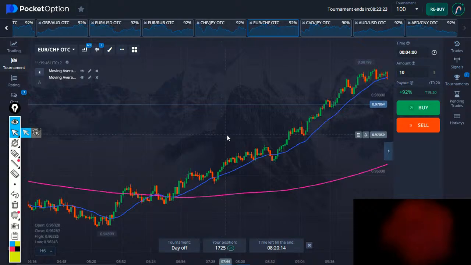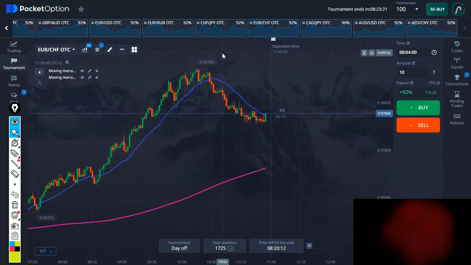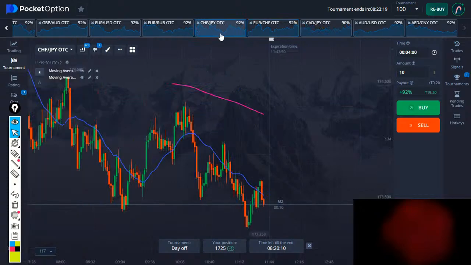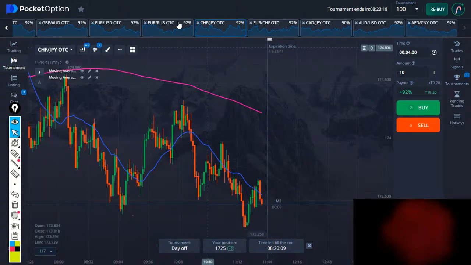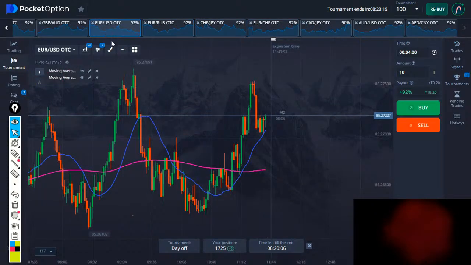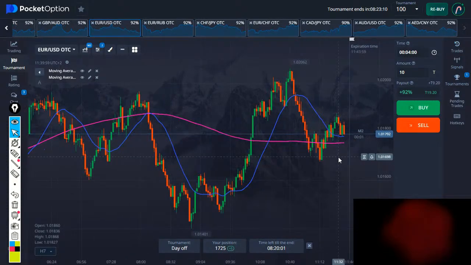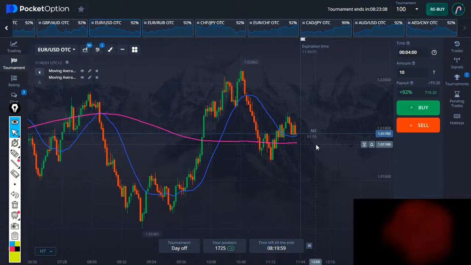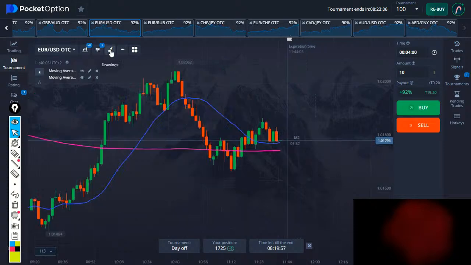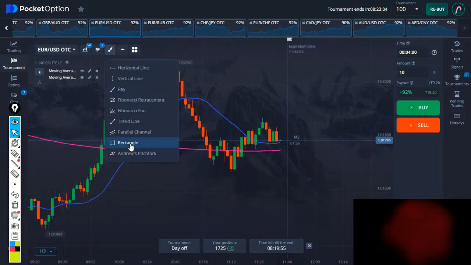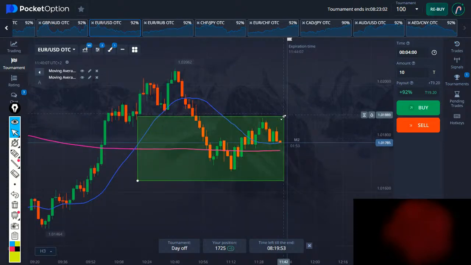Let's look for a setup to trade. Let me see. This is a little bit shaky. I'll take it to the upside since the price is moving above the 220.